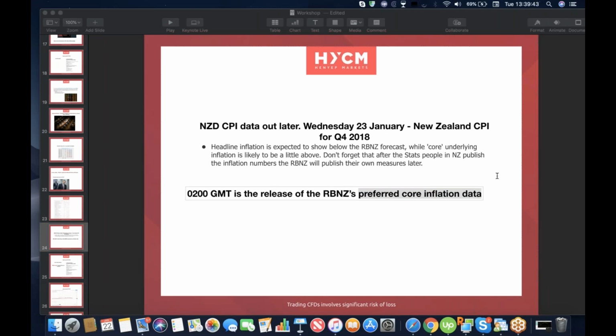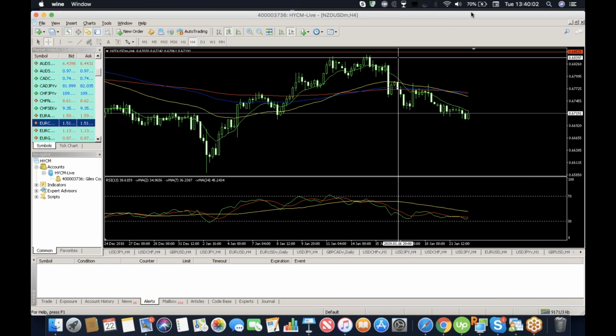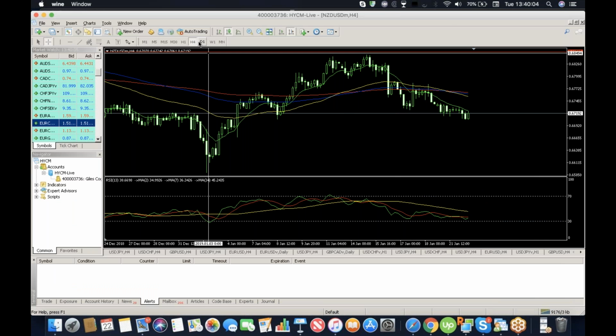Because that's the data the central bank is going to be going by, that's what the market participants are going to be going by, because we want to know what the central bank is doing in order to get the path of direction. That's just to help you as we look forward. So if you're looking at trading the New Zealand dollar, be very aware of those environments, and at least you know what the expectations are.